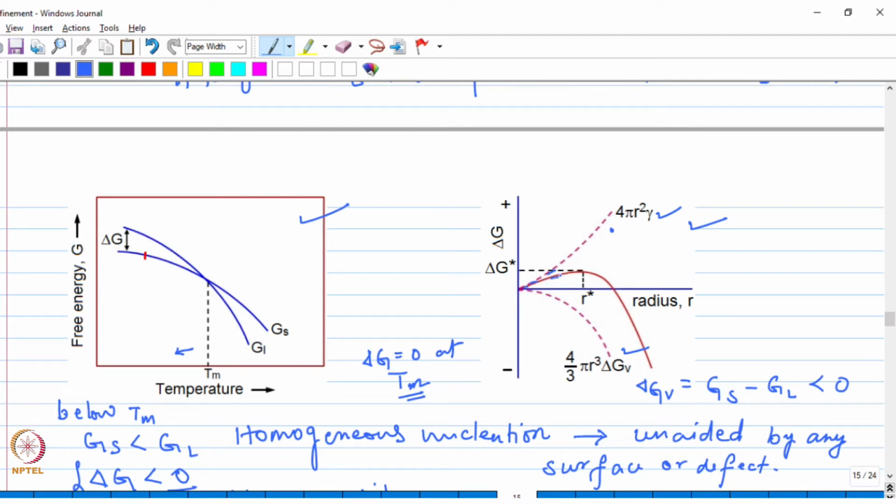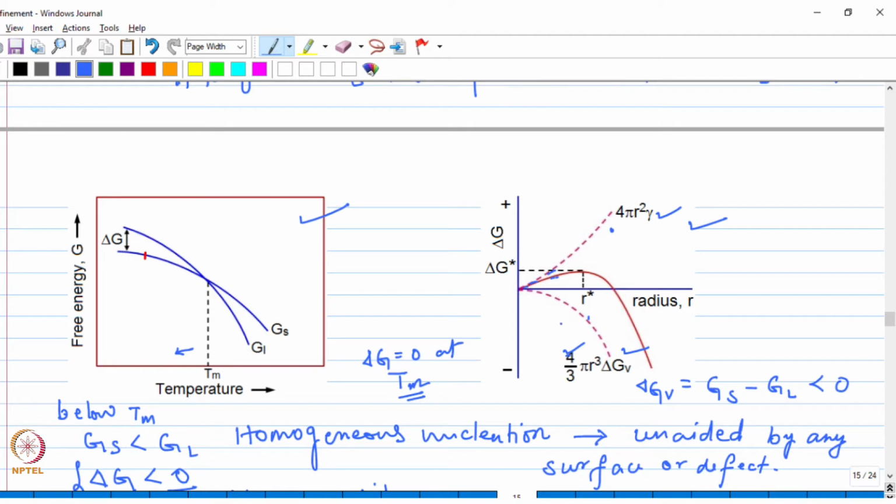But as R increases, the volume energy becomes more dominant, and when it goes beyond a particular size, this curve will tend to follow the volume energy curve, and as a result of that, it will come down beyond that critical size, okay.